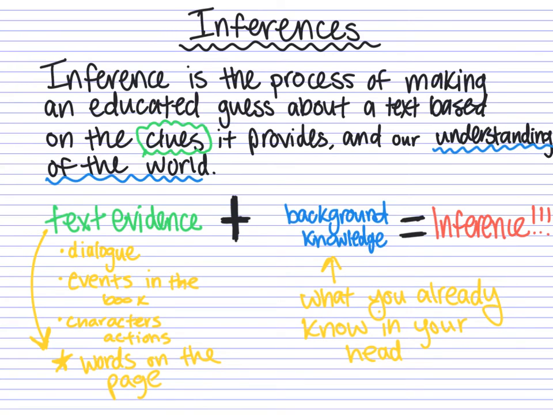Background knowledge is what is in your brain, meaning the things that you have seen in your life, have experienced, have learned about already. All of us have so much background knowledge, we can't even begin to describe how much we have, because your brain is just full of background knowledge.